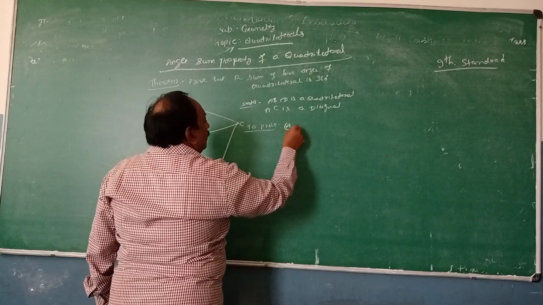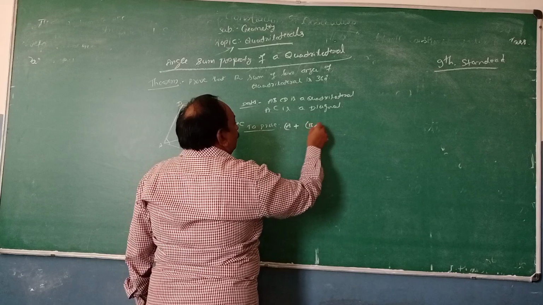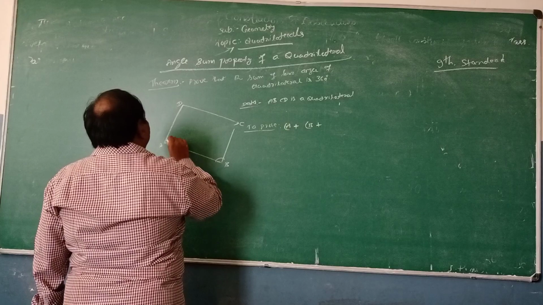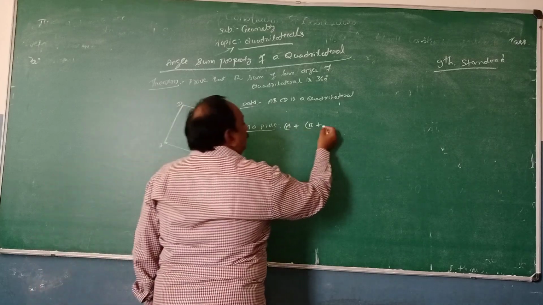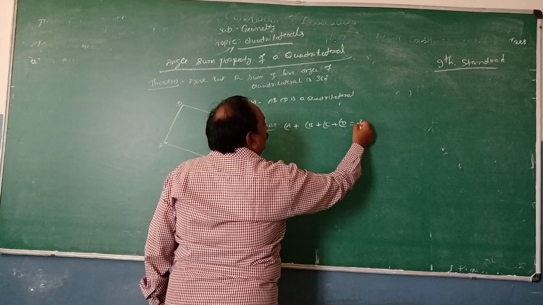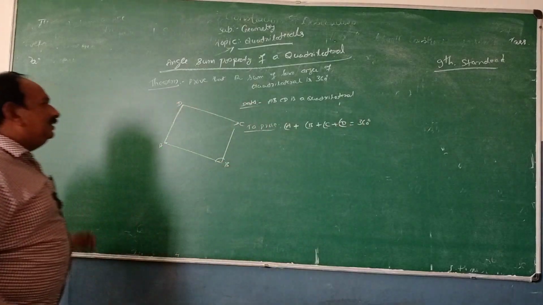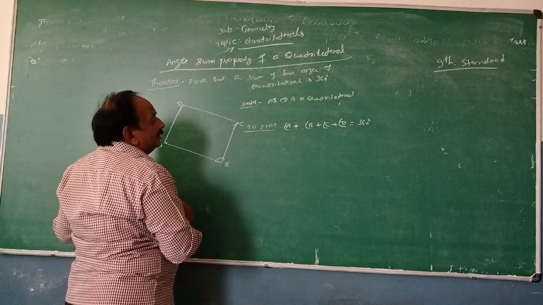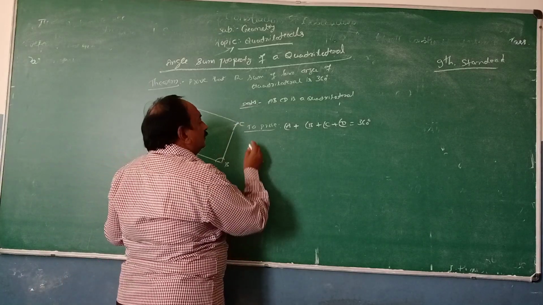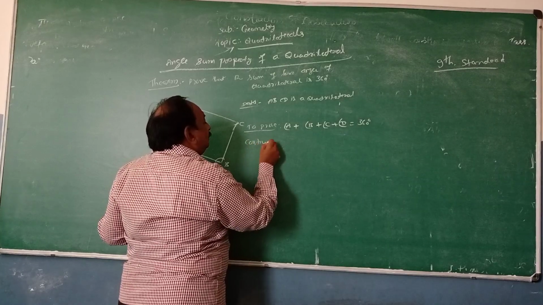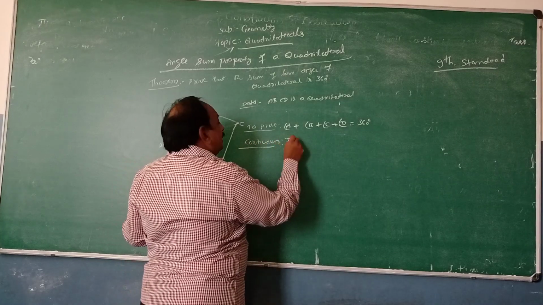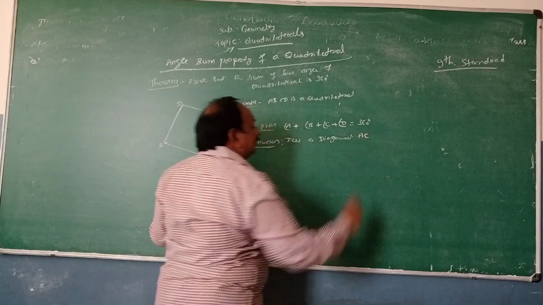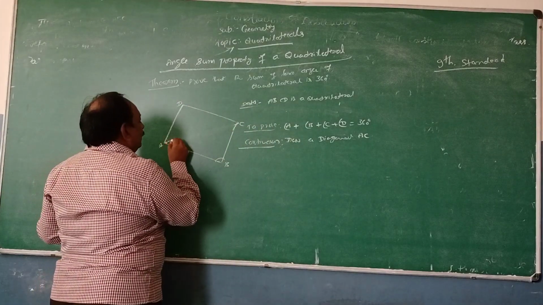We have to prove that angle A plus angle B plus angle C plus angle D is equal to 360 degrees. Construction: draw the diagonal AC.